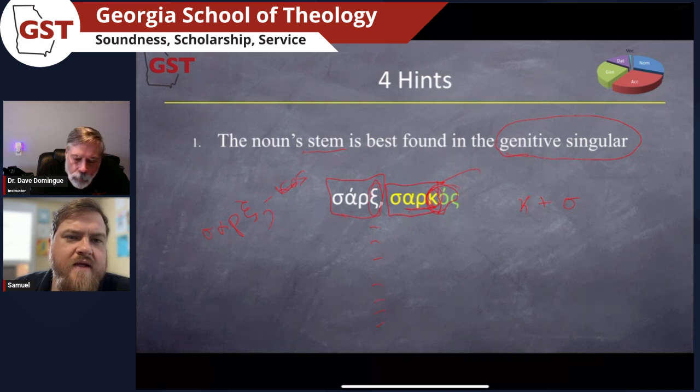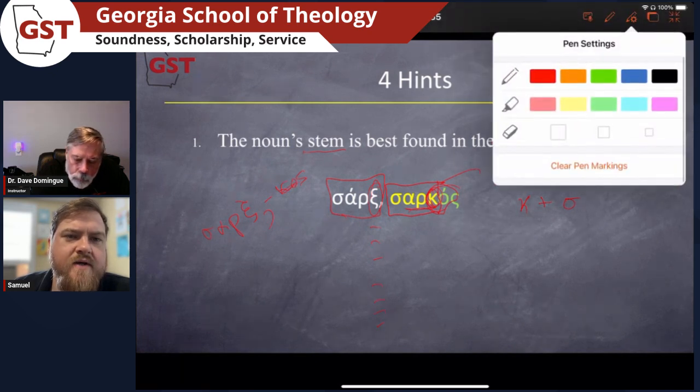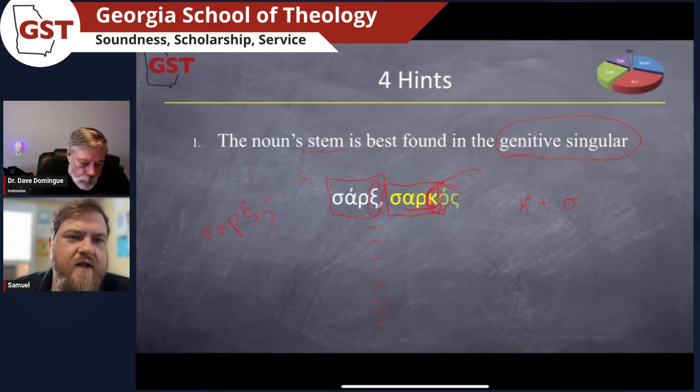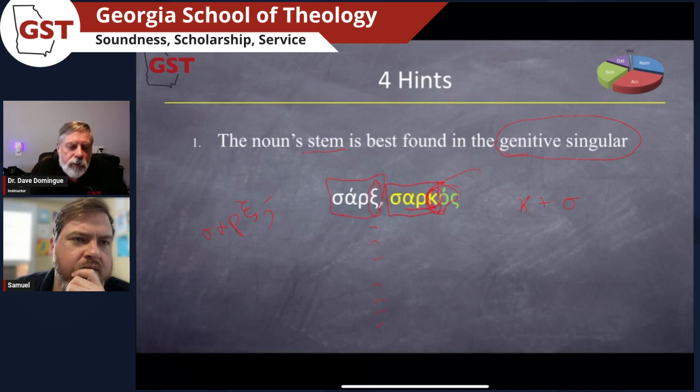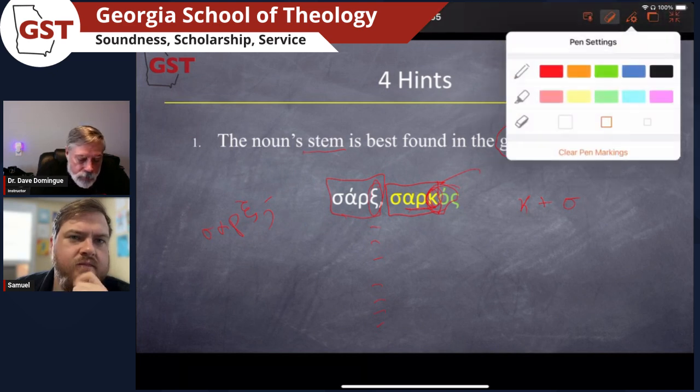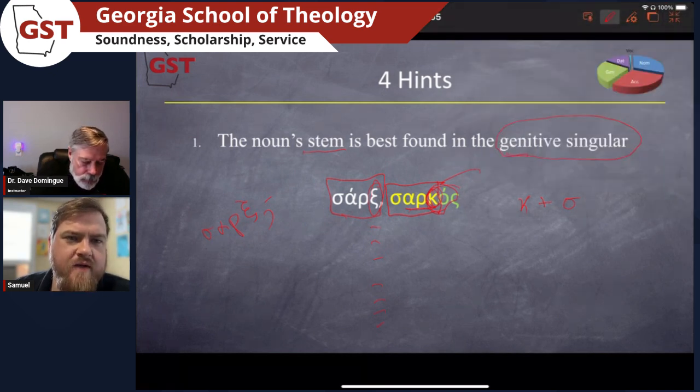Well, it does that because the kappa and the sigma make that sound anyway. That kappa, exactly correct, but it's a little misleading because that's not always the case. Not every consonant with the sigma is going to make that same sound. So in this case, that is actually correct, with just the kappa. Let me just write it.